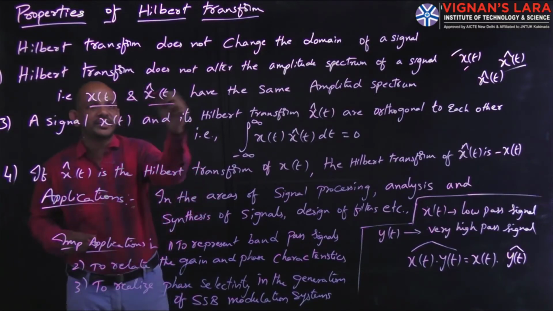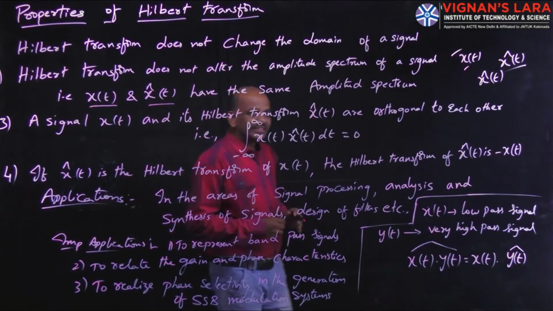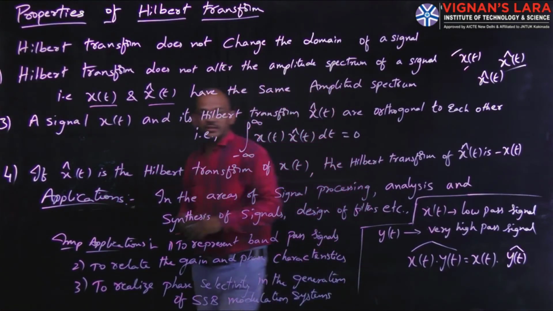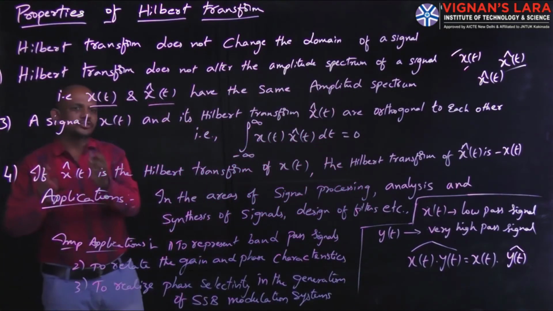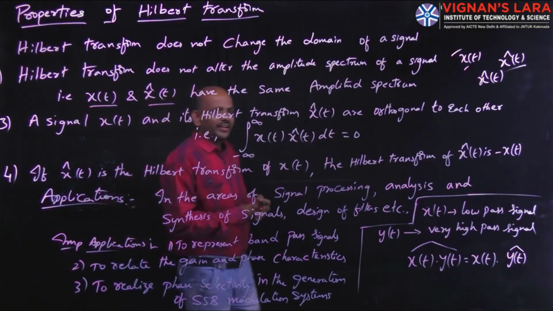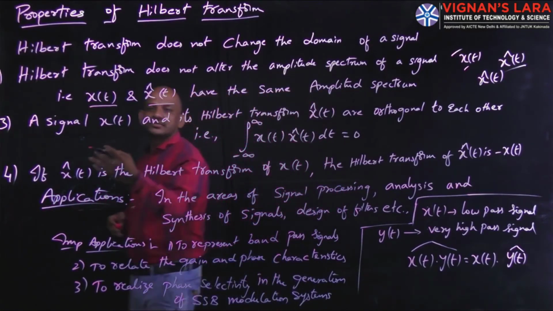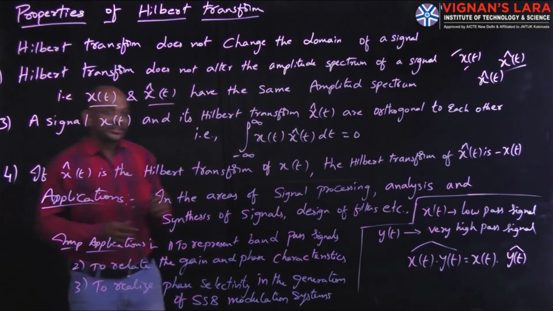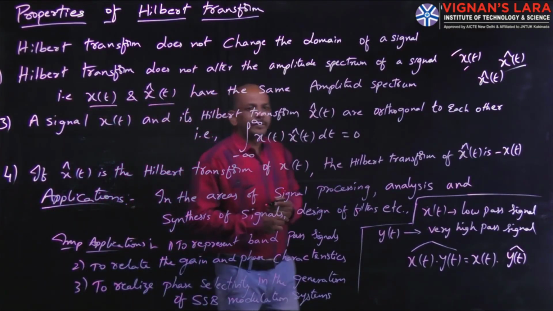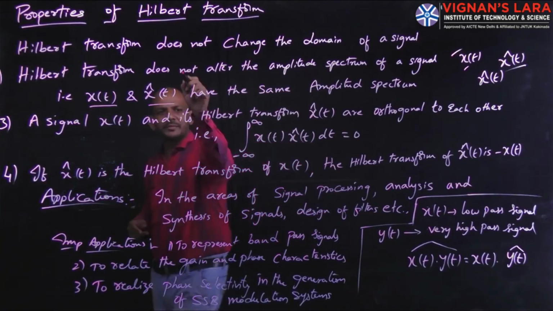Both x of t and x cap of t will have the same amplitude spectrum. That is, for x of t there is some amplitude spectrum, and I take the Hilbert transform of that x of t, which is x cap of t. If I draw the amplitude spectrum of this x cap of t, it will be the same as that of x of t.